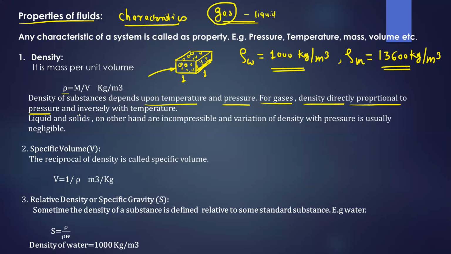So here density is inversely proportional to the temperature for gases, and directly proportional to the pressure. If you pressurize this gas, then the molecular distance will decrease, so a large quantity can occupy a small volume, and therefore the density will increase.